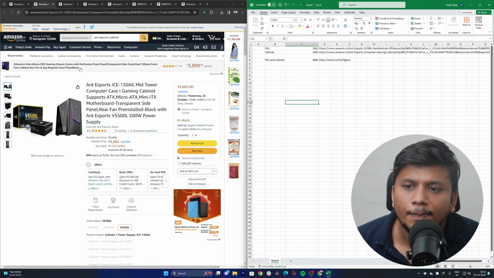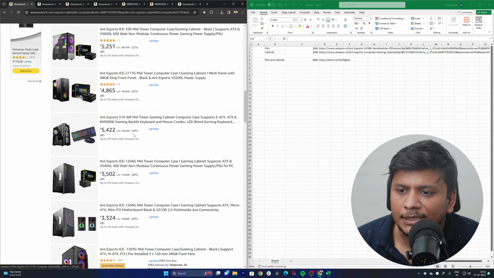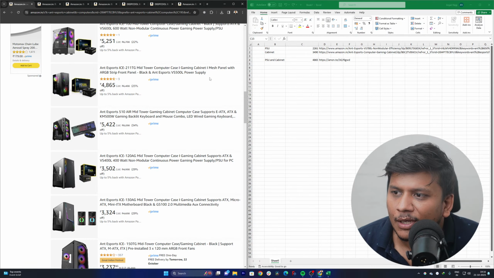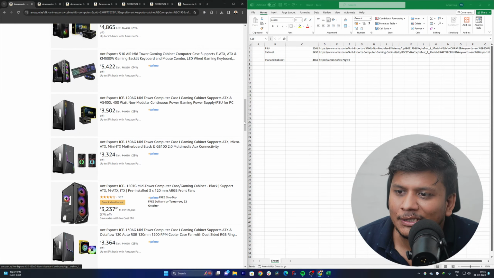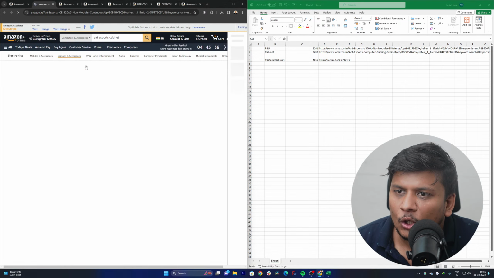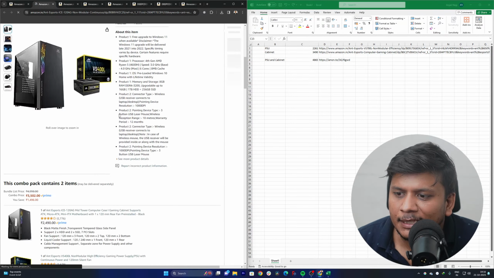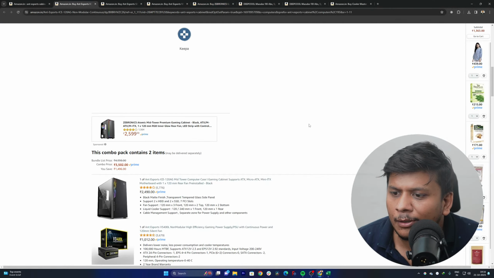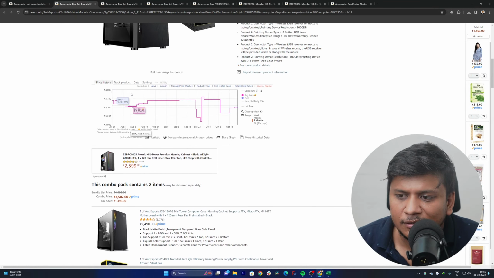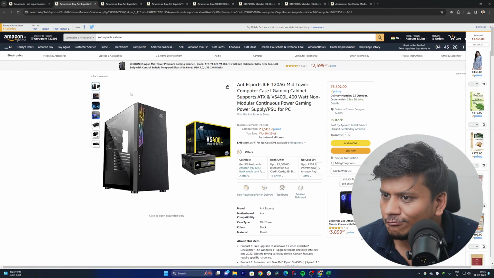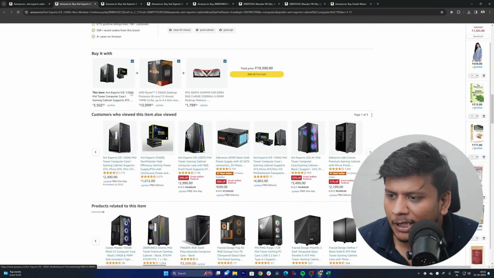Okay, now let's explore more cabinets. Oh my god, they started bundling all these cabinets with power supply, which looks awesome, but at the same time there used to be dedicated cabinet-only configurations.